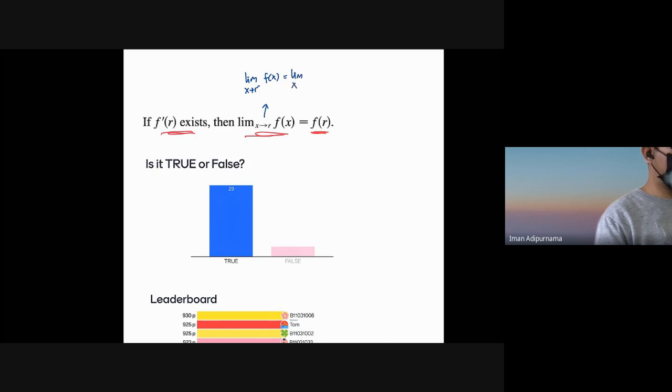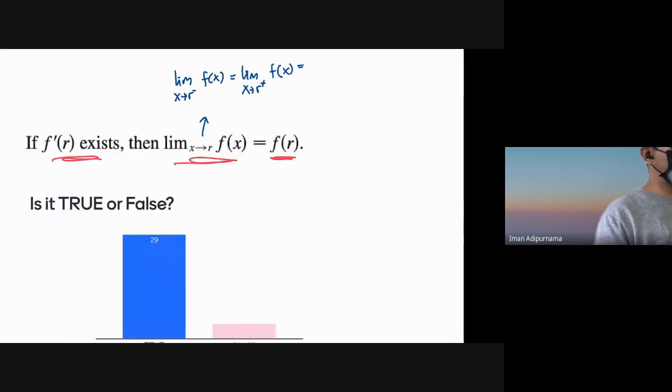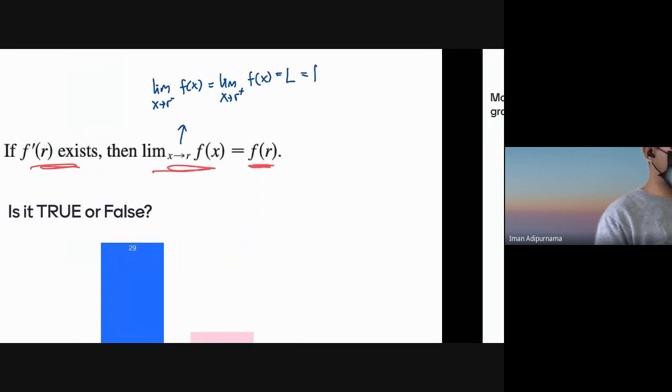The limit exists, and it is equal to some value, and that value is also equal to the function evaluated at r, which means we can say that f is continuous, right?